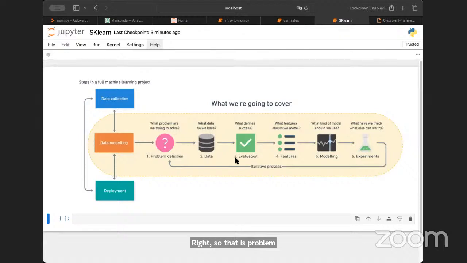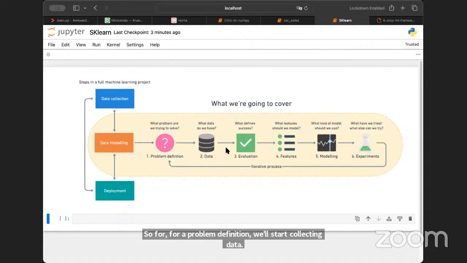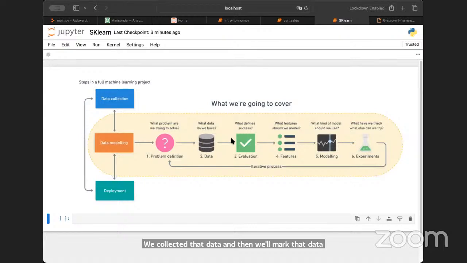Then what data do we have? So we are analyzing to get and solve this problem definition. This actually also comes from our data collection. For a problem definition, we'll start collecting data. We collected that data, and then we'll mark that data, label that data with some sort of things, or it can also be unlabeled data, and we need to figure out and define a problem definition.